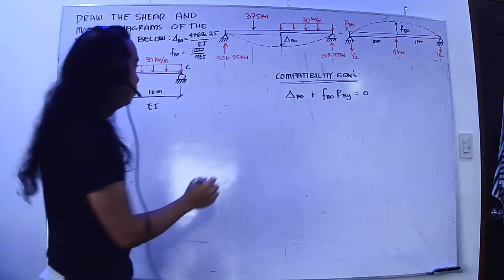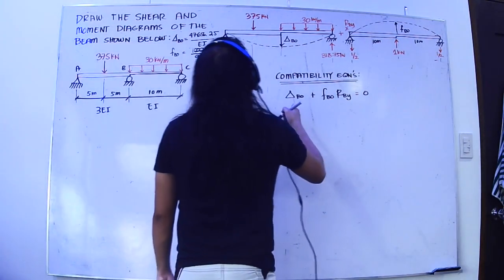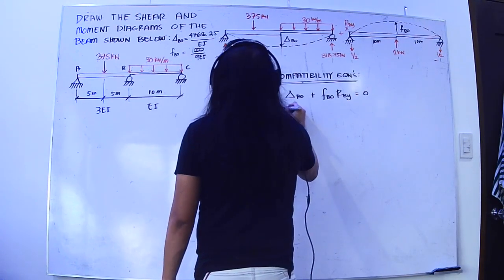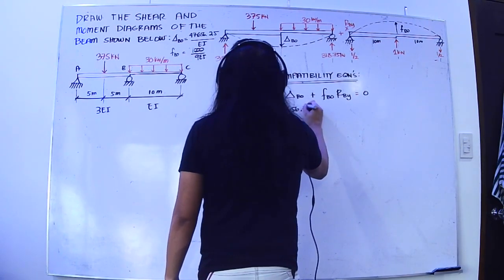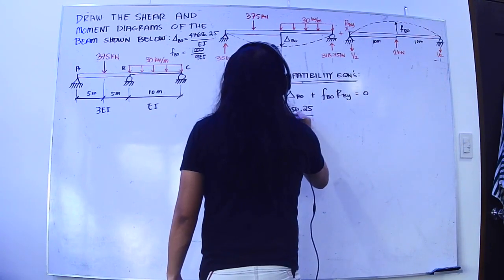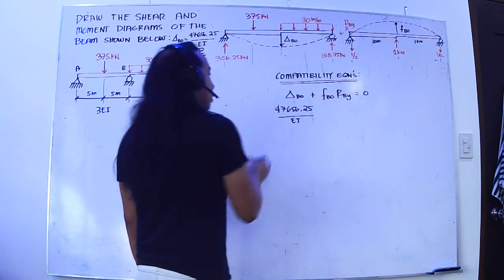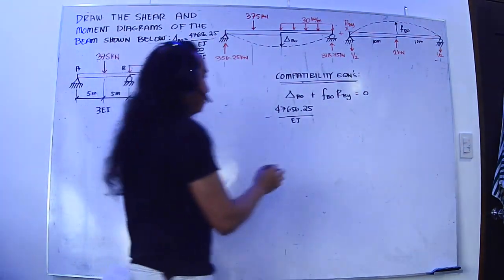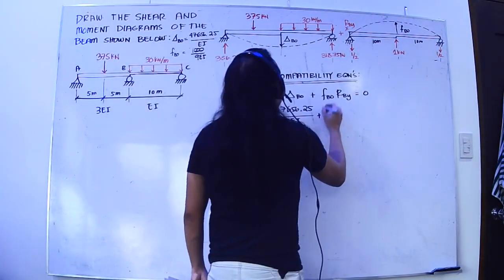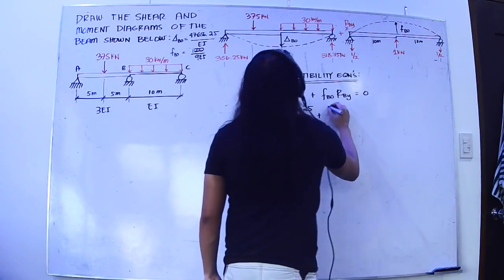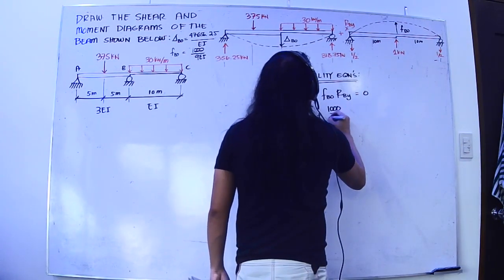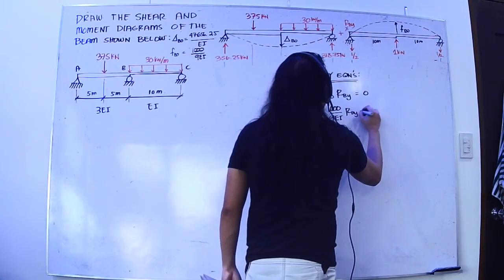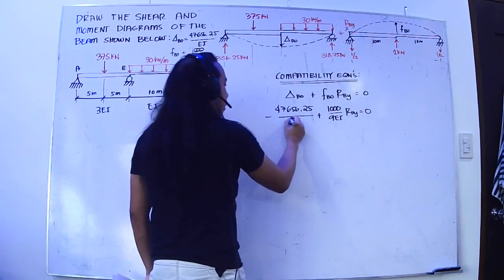We also have a value here of 47656.25 over EI. You have to take note that this is going down, because the deflection here is negative, so minus. FBO is equal to 1000 over 9 EI, multiplied by RBY. That is 0. EI cancels out.